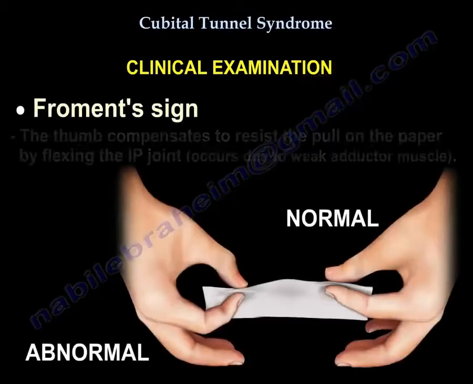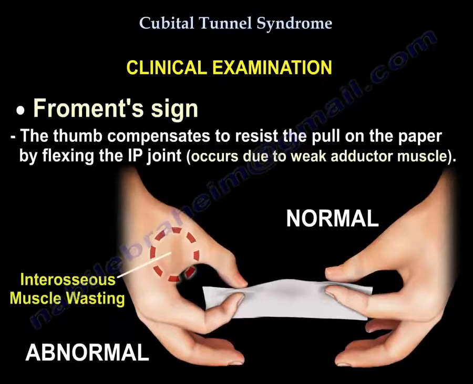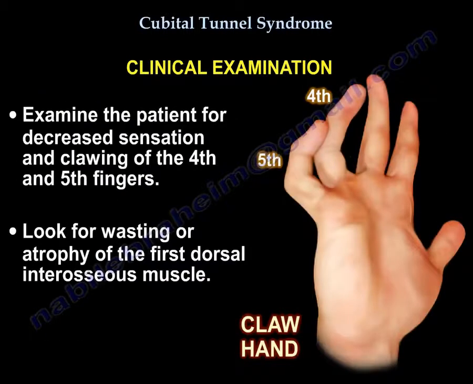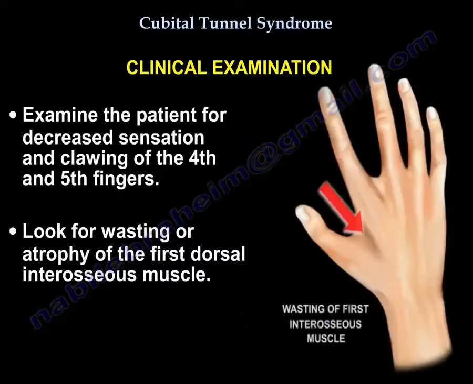The thumb compensates to resist the pull on a paper by flexing the interphalangeal joint. It happens because the adductor muscle is weak. Also examine the patient for decreased sensation and clawing of the 4th and 5th fingers. Also look for wasting or atrophy of the first interosseous muscle.